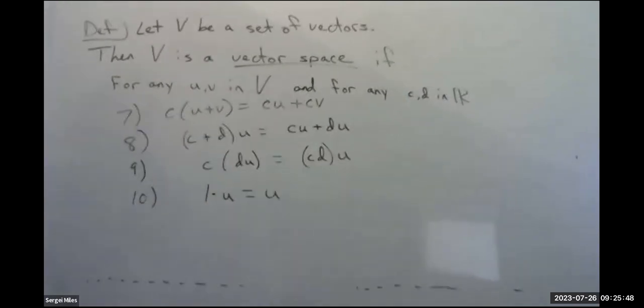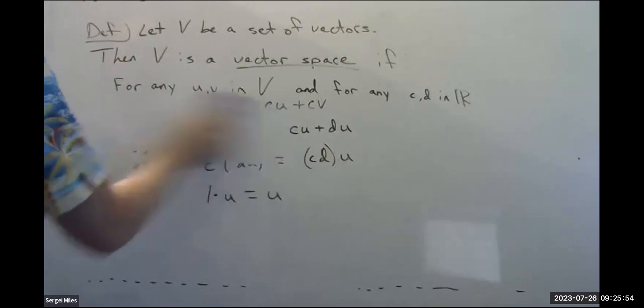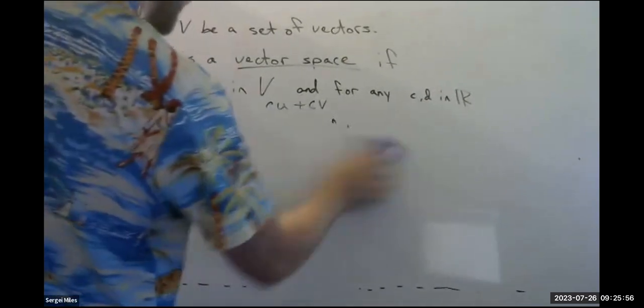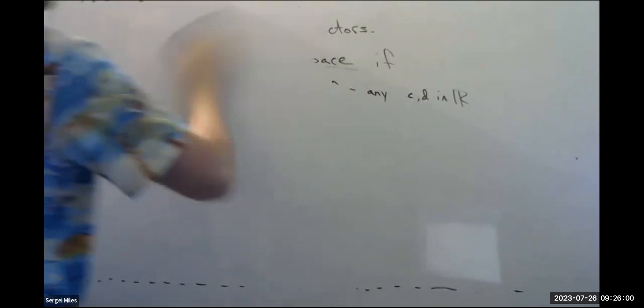So we won't have to worry about them as much as those others. Okay, great. So we have this definition for a vector space, and we've looked at some counterexamples of things which are not vector spaces. Okay, so what else can we do with vector spaces?